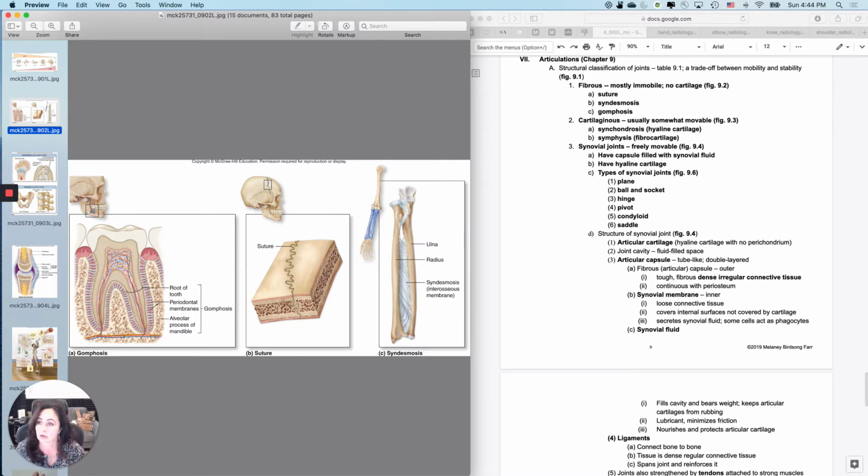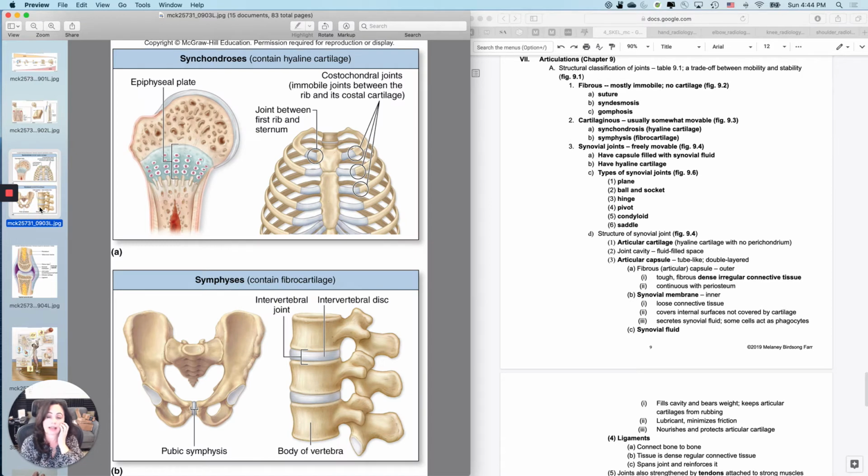The next category of joint that we have is called a cartilaginous joint, and a cartilaginous joint goes bone, cartilage, bone. If it is bone, hyaline cartilage, bone, it's called a synchondrosis. Synchondroses is plural. And if it is bone, fibrocartilage, bone, it's called a symphysis. Symphyses is plural. So let's give a couple of examples of each.